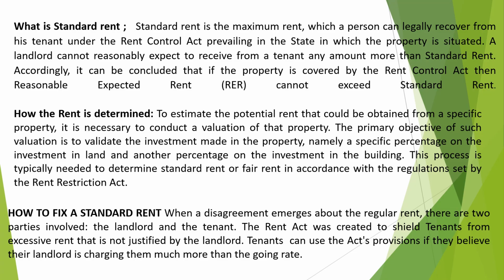So in case of any dispute between tenant and the landlord, the tenant can approach the court for standard rent to be paid instead of the rent which was already agreed between them.